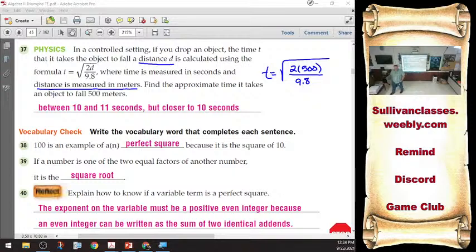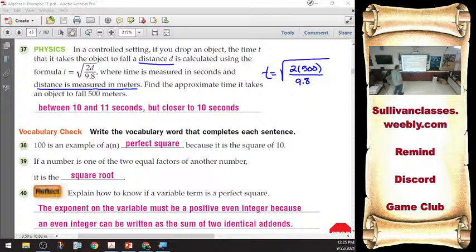So you just grab a calculator. What's 2 times 500? 1,000. So take 1,000 divided by 9.8, because I'm just doing the order of operations up here. 1,000 divided by 9.8 is 102.0408, and then the decimal goes on, right? So 102 point something, take the square root of that something.